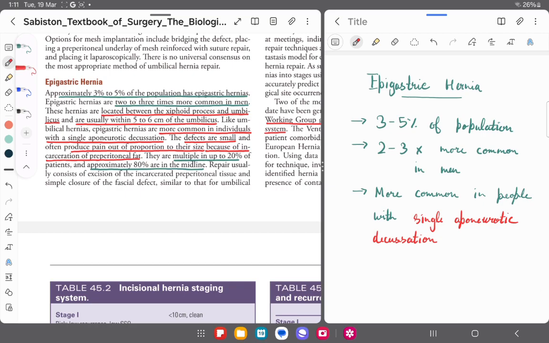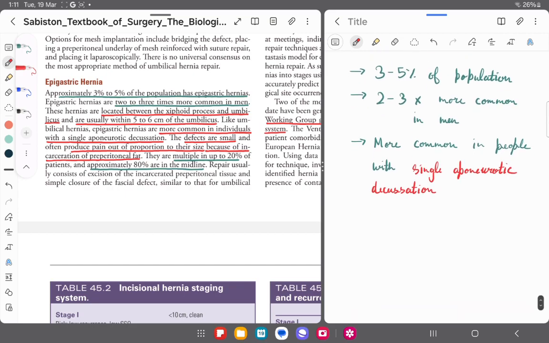So the defects are small and often produce pain out of proportion to their size because of incarceration of pre-peritoneal fat.